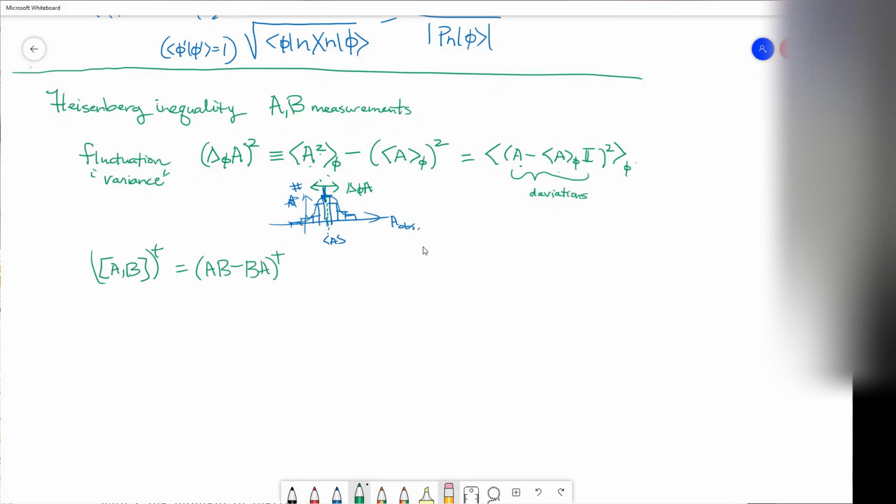The Hermitian conjugate: you do B dagger A dagger minus A dagger B dagger. This becomes the commutator between B dagger and A dagger. But these are Hermitian, so this is just BA minus AB. So you see, if you have a commutator between two Hermitian operators, it's anti-Hermitian.